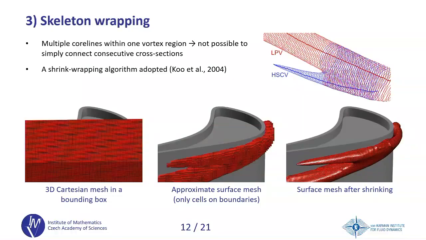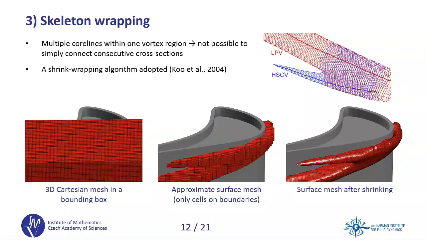So this is a similar idea, and in the basic form, you first create a Cartesian mesh in the bounding box of your vortex, then you identify which of the cells contain at least one point from this cloud of points, and then you do some smoothing step.